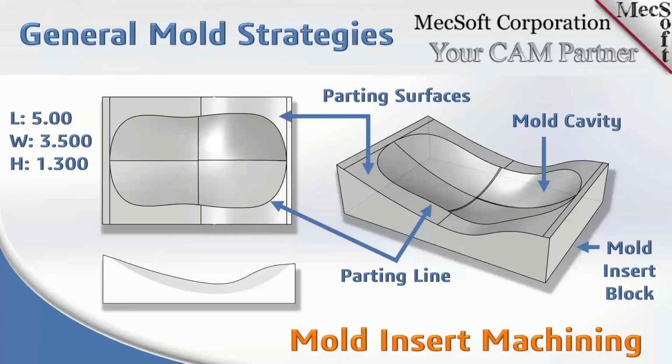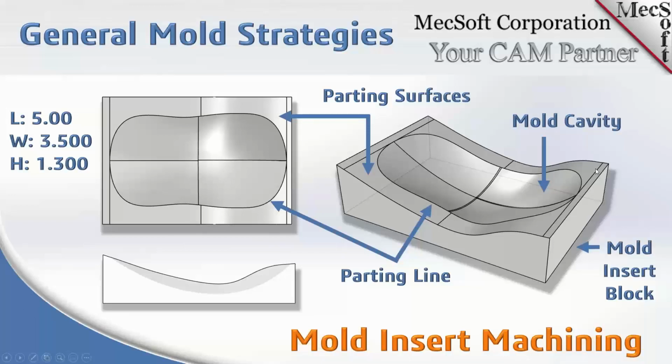Okay, here I wanted to use just a basic insert example to illustrate the techniques I'm going to show you. What we have is a very basic insert. We have a cavity, we have a parting surface around the cavity, and then between the two, we have the parting line.